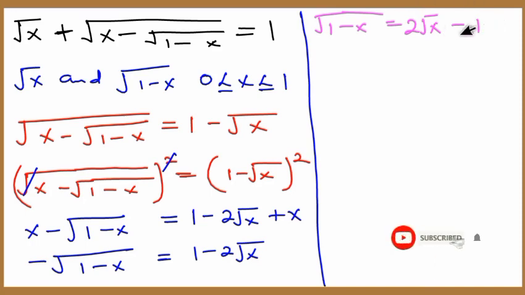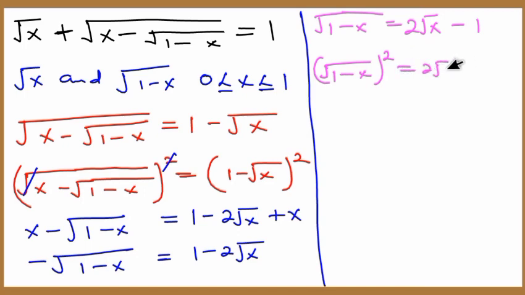So from here, what I have to do is to square both sides of the equation. So I will have root of 1 minus x all squared equals 2 root of x minus 1 all squared.